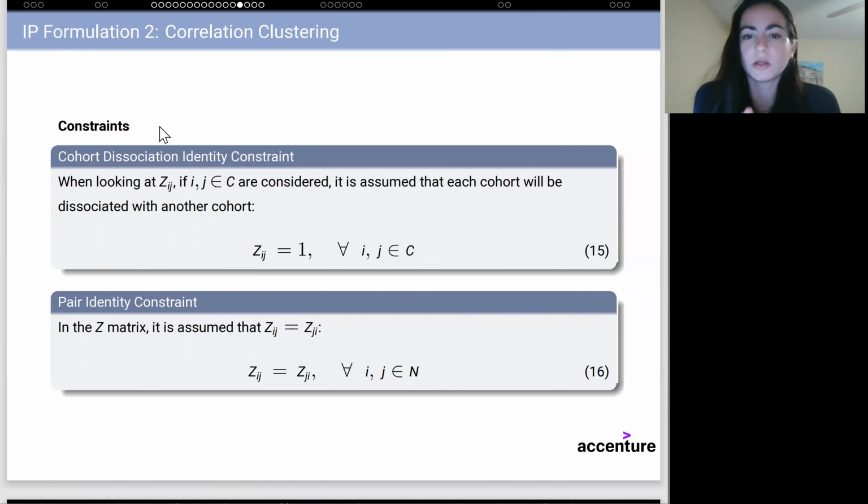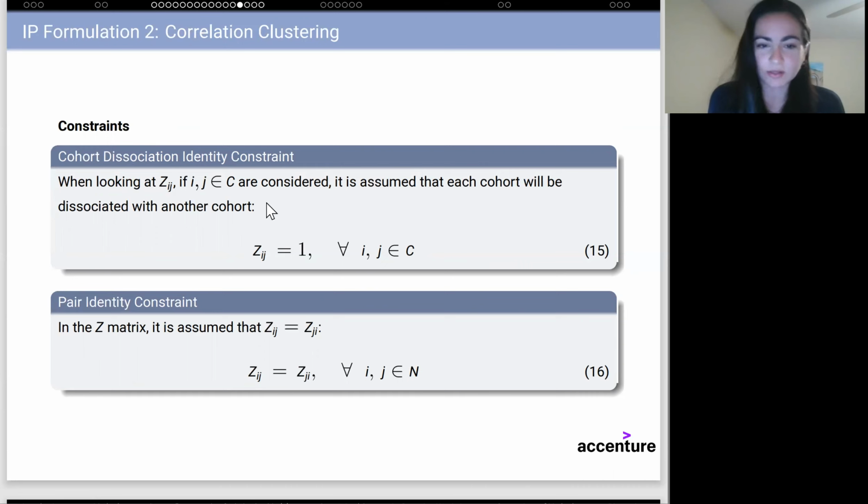And the first one is the cohort dissociation identity constraint, and we created this as an assumption that if you look at Zij, if I and j in the cohort are considered, it's assumed that each cohort must be dissociated with another cohort.